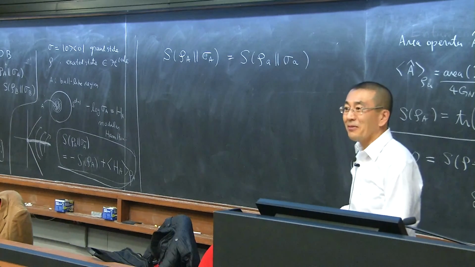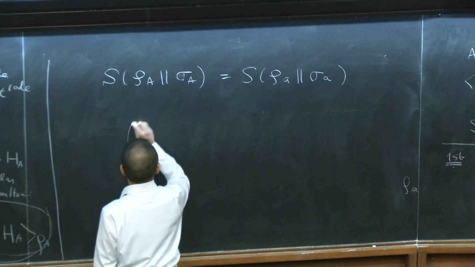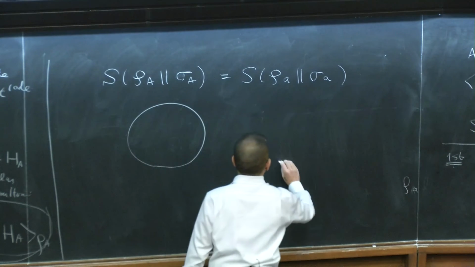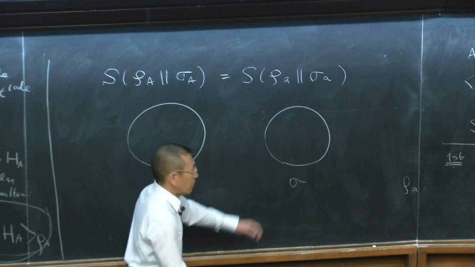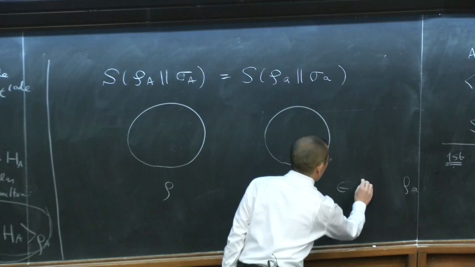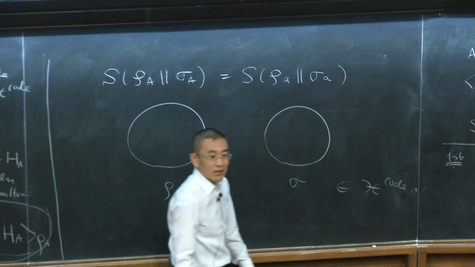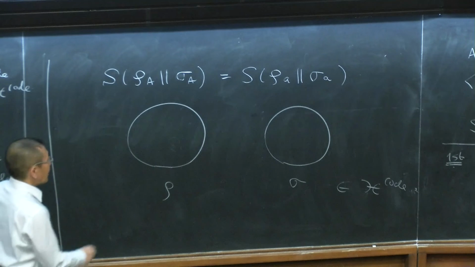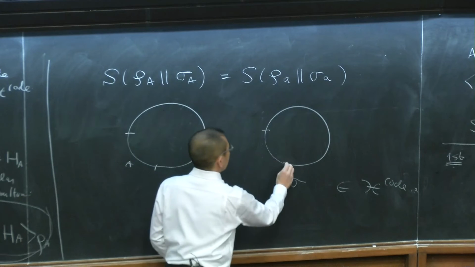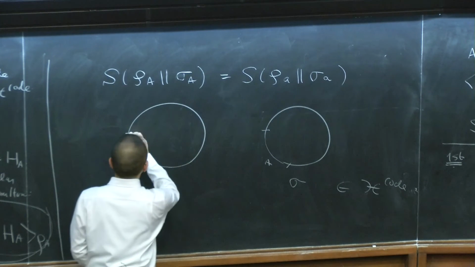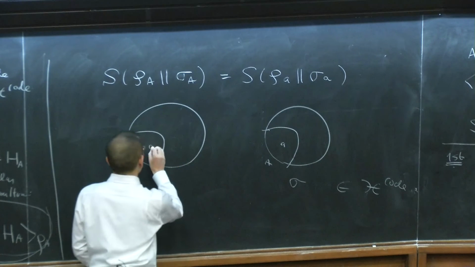So what is this telling me? Suppose you have two states, rho and sigma, both of which belong to the code subspace. Then you consider region A, and the Ryu-Takayanagi surface, and then you can consider the domain A.